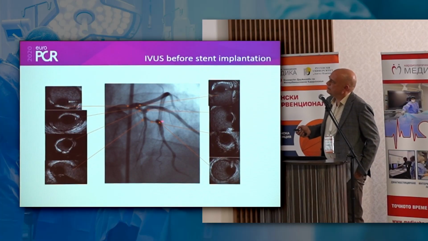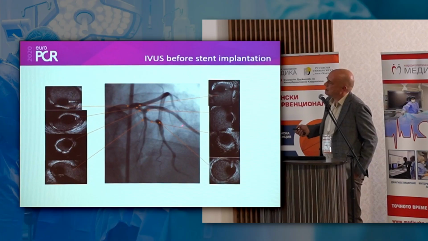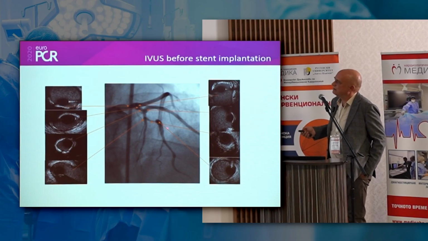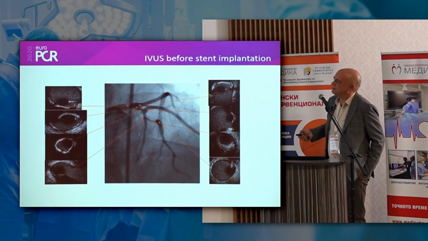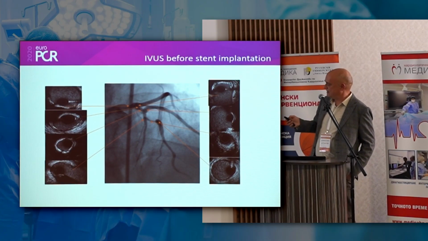We saw here a wide distal landing zone, more than 4 in diameter, and a heavily calcified long plaque starting from the ostium of the LAD. There is here the circ, also a tight stenosis here at the level of the diagonal branch, and heavily calcified plaque here with 360 degrees of calcium.